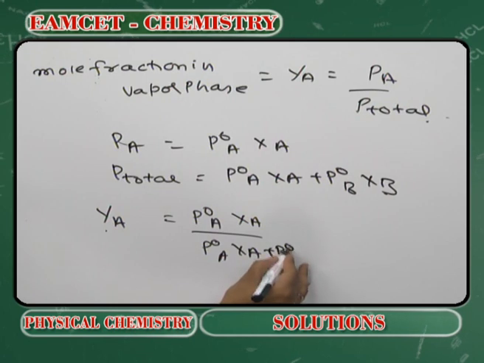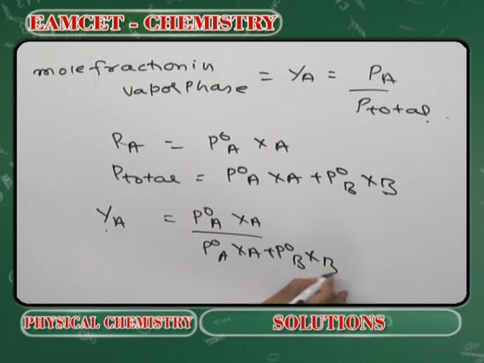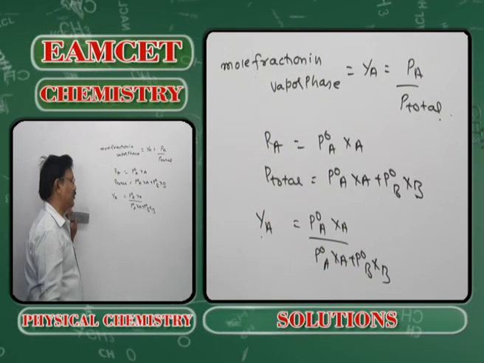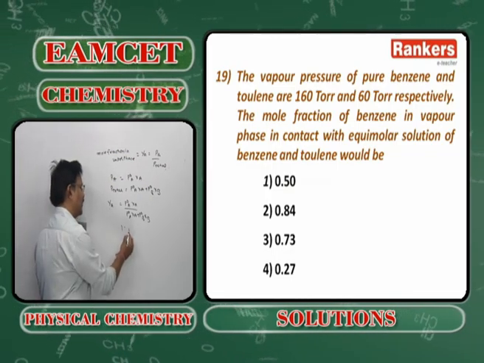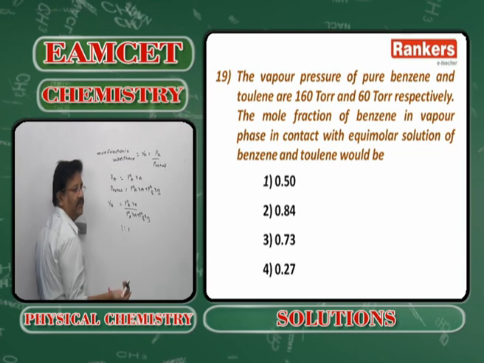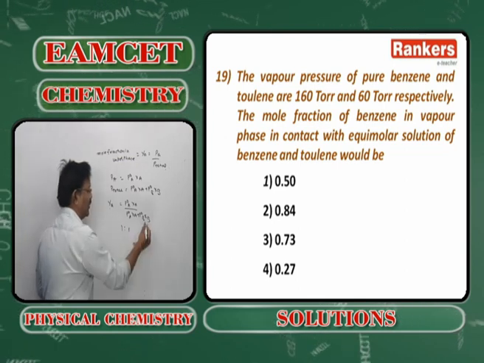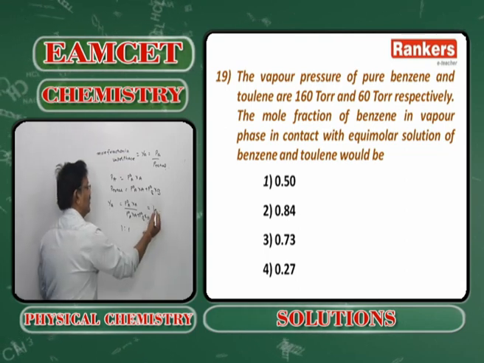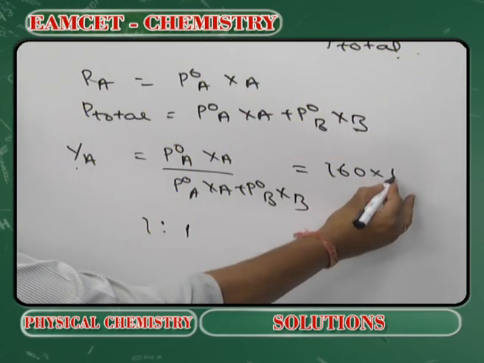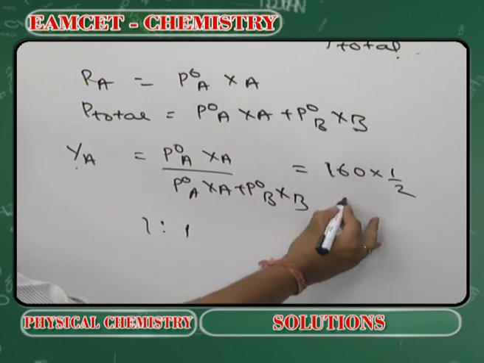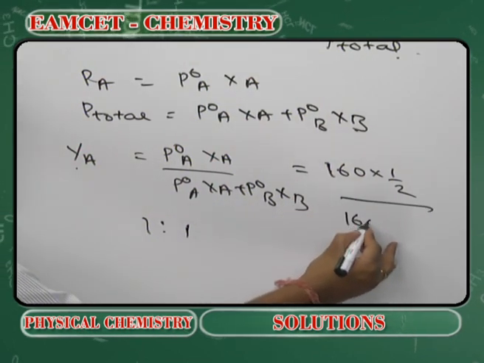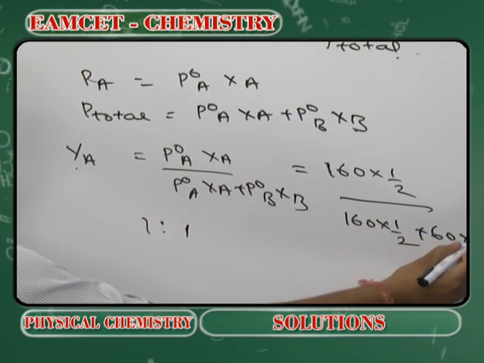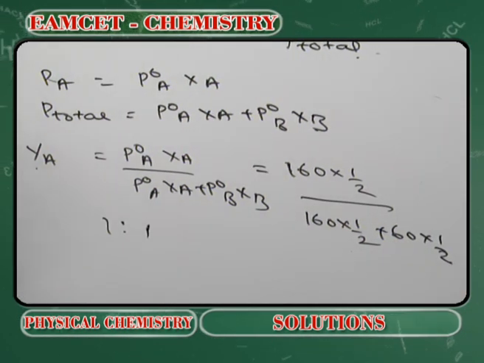So what are the XA and XB values? For an equimolar mixture, the mole ratio is 1:1, so the mole fractions are 1/2 and 1/2. Now P naught A is 160 into 1/2 plus 60 into 1/2.